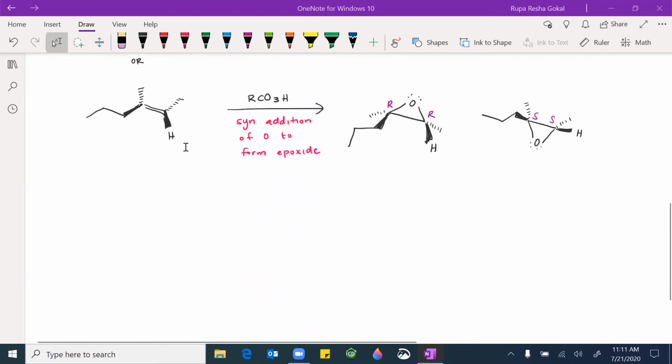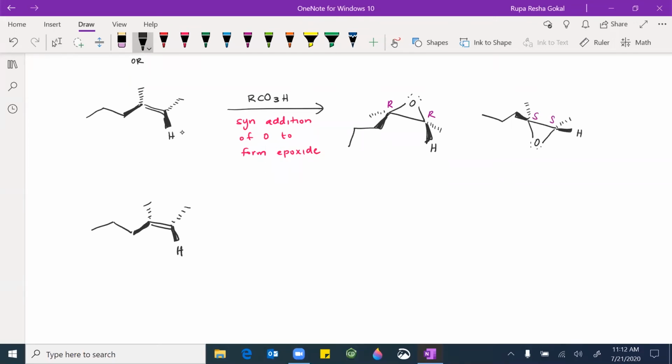So everybody, let's do an anti-addition reaction on this same alkene. I'm going to choose one of the versions and keep the propyl and the hydrogen on the wedge, because it is the E, so the methyls are looking at each other and the hydrogen and the propyl are looking at each other.